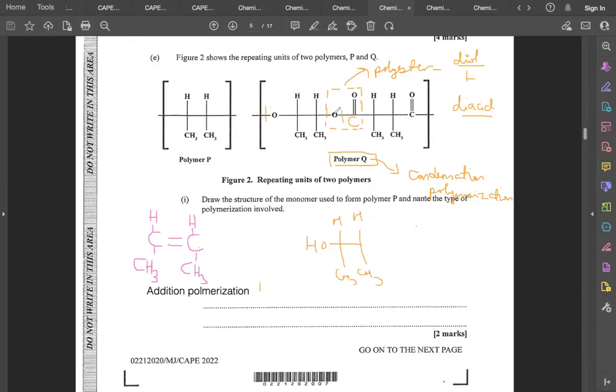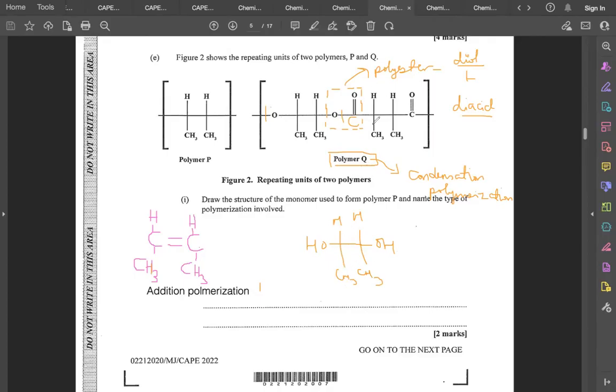And then this O is also coming from the other part of the diol, to make it the diol. So we get HO, CH2, CH2, OH, right? So that's my diol. This is kind of like ethane diol, right? 1,2-ethane diol is what this is.